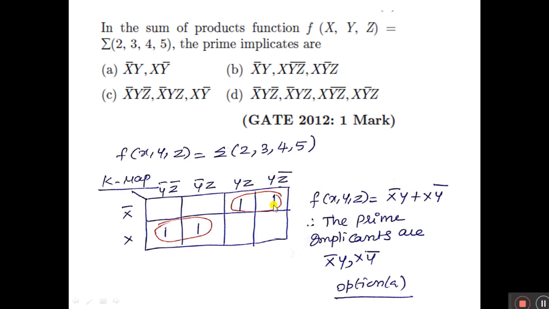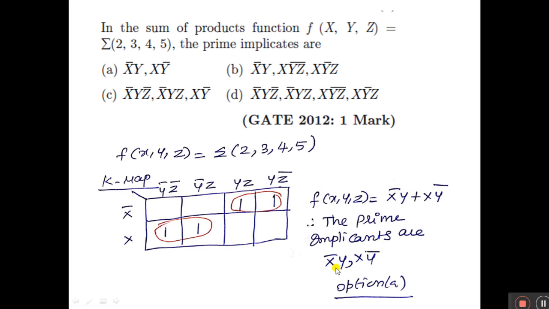So for this group I can write x bar y plus. For this group, z bar and z are variable, so y bar is common, so I can write x y bar. So the expression I get is x bar y plus x y bar. So the prime implicants are x bar y and x y bar.